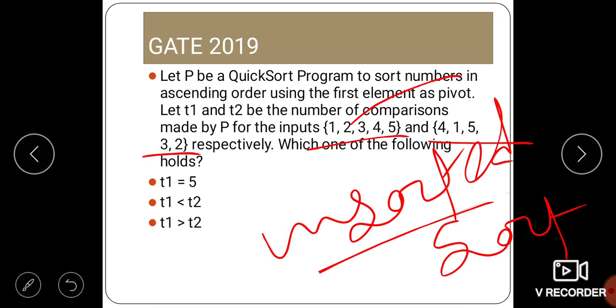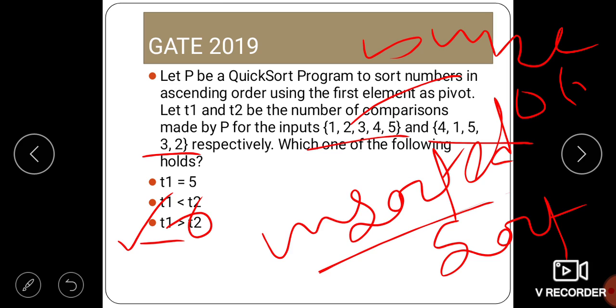For this reason, option A is correct, that is T1 takes more time and T2 takes less time. But this is the opposite of bubble sort. Bubble sort on a sorted array takes O(n), so the time is less, but when it is unsorted, bubble sort takes O(n²). So this is the opposite of quick sort.